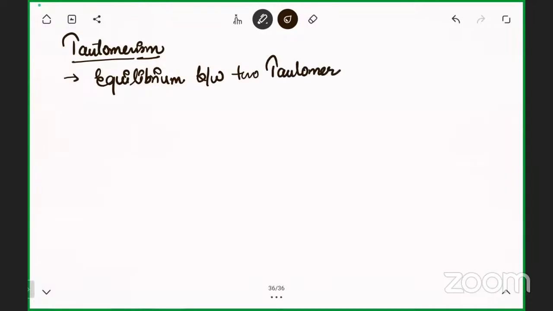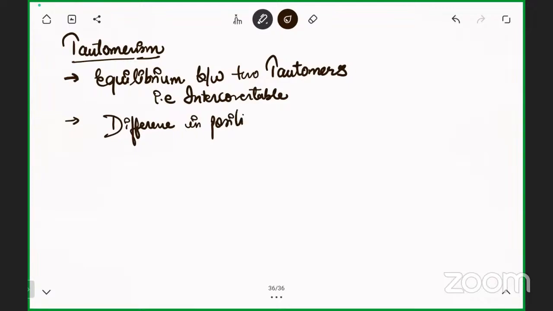It means they are interconvertible forms. Second thing to remember, there is a difference in the position of one atom, usually, and the atom we will take to study is the hydrogen atom.